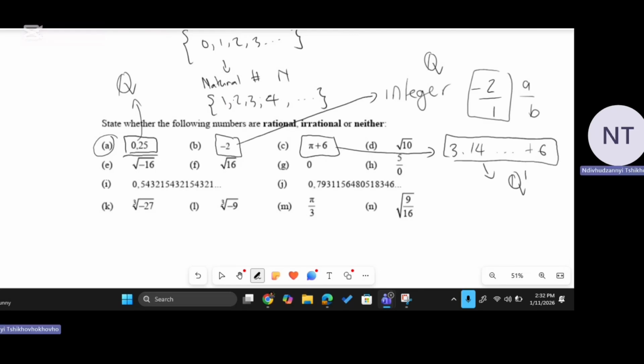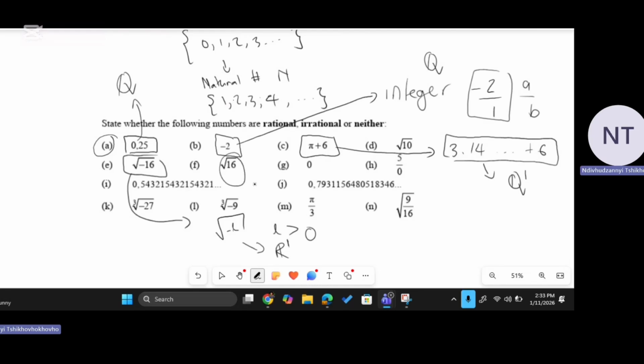So you identify this as an irrational number. Then something interesting here: you'll see that we have -16 inside the square root. And remember, when I defined a non-real number, I said it's the square root of -I, where I is greater than 0. So this is a non-real number.